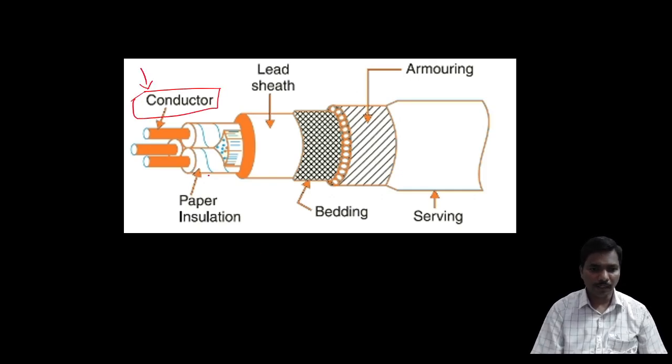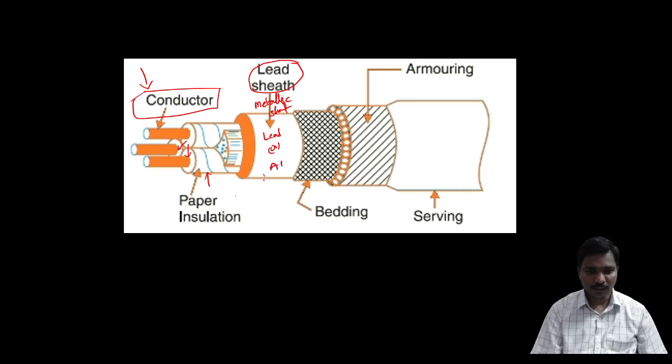Upon that we use paper insulation, generally, to get the insulation between the cores. Upon that paper insulation, we have the lead sheath, the metallic sheath. Here we can use lead or aluminum.